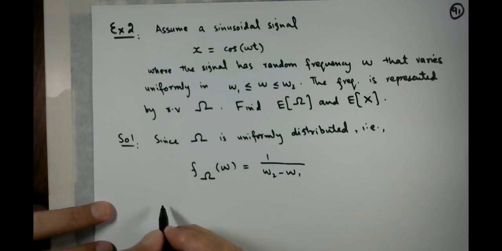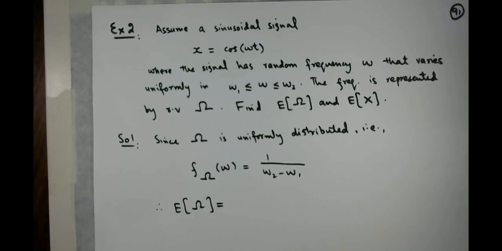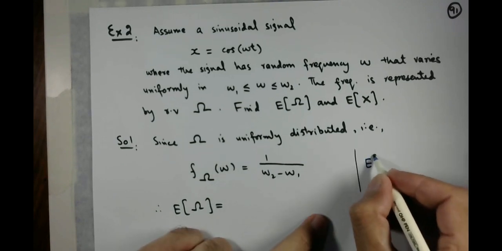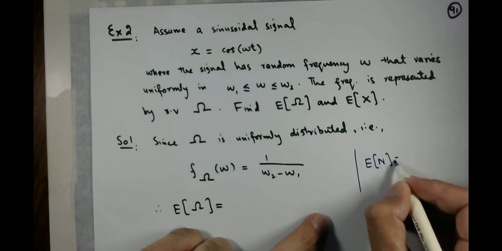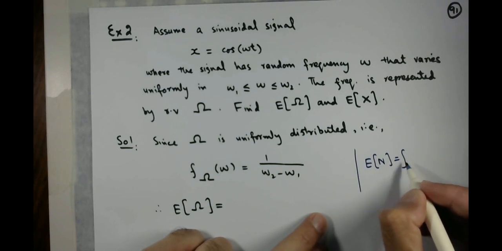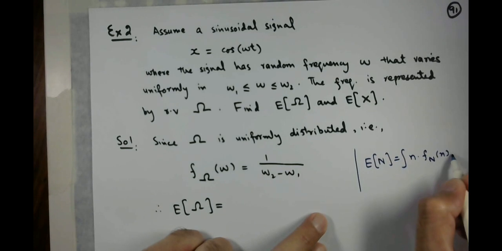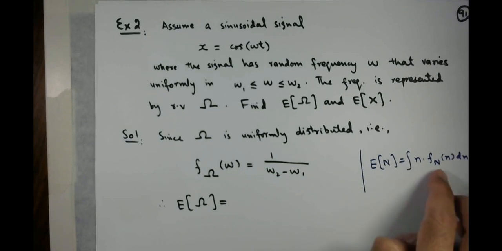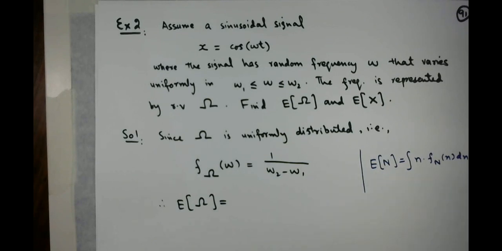So if this is the case, then the expectation of omega is what? If you recall, the expectation of any continuous random variable, say n, is nothing but the integral n times f sub n of n dn, which means you multiply the variable with its distribution and then you integrate and you ultimately get the expectation of that random variable.